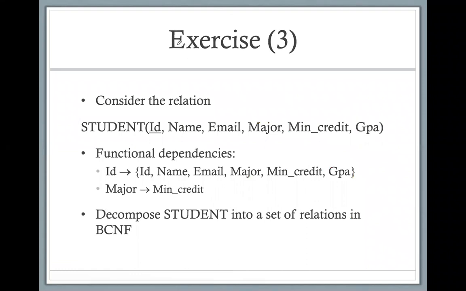So now let's go back to BCNF. Again, remember what BCNF is. BCNF means that in a relation, there are no functional dependencies for which the left-hand side is not a superkey. So every functional dependency that I have has a superkey on the left-hand side. If we go back to our table, student, we had major determines minimum credit.